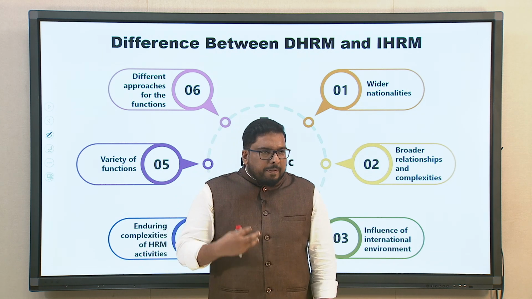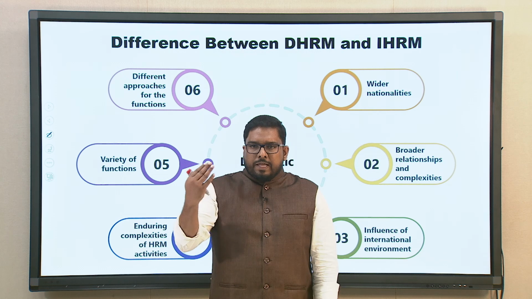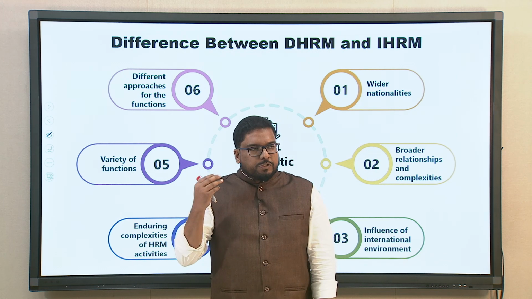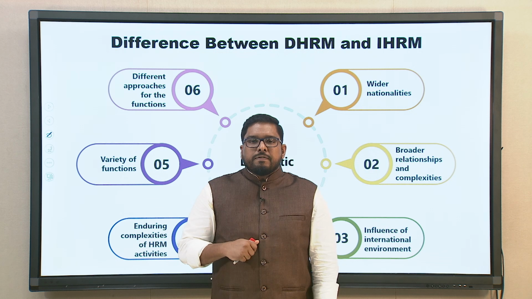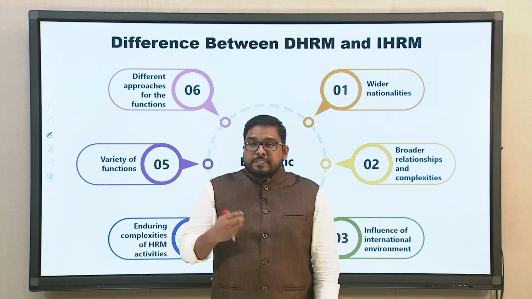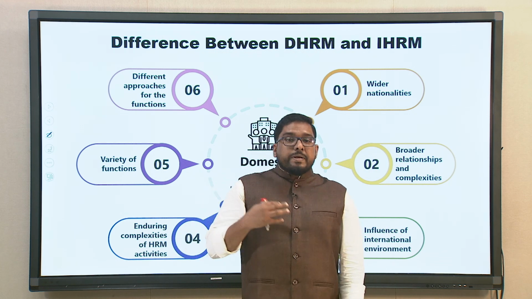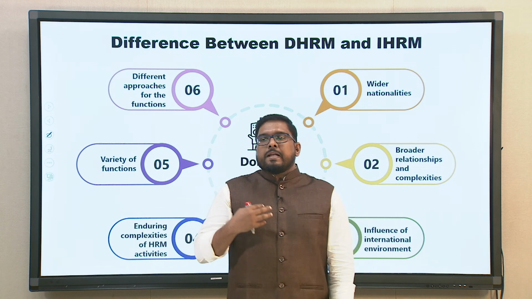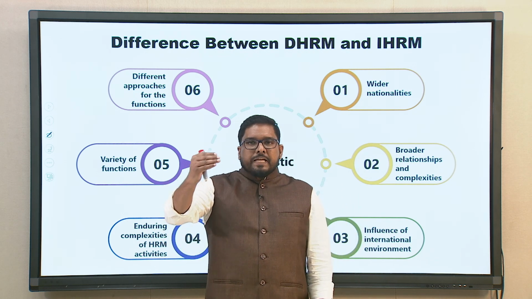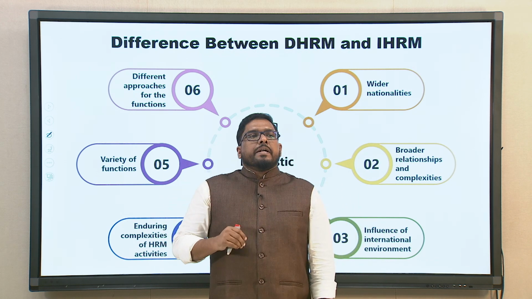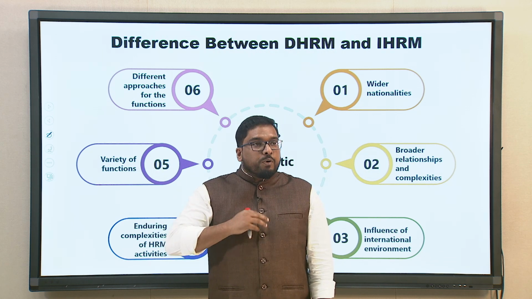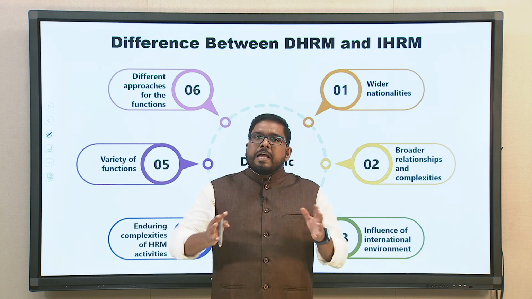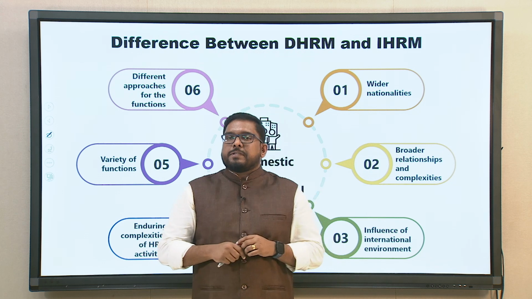There are typical points we can think of, like nationalities, the relationships and complexities involved within the workforce, the external environment and how it influences, and the variety of functions, and how DHRM is different from IHRM, with different approaches for the functions and different cultural contexts playing a vital role.